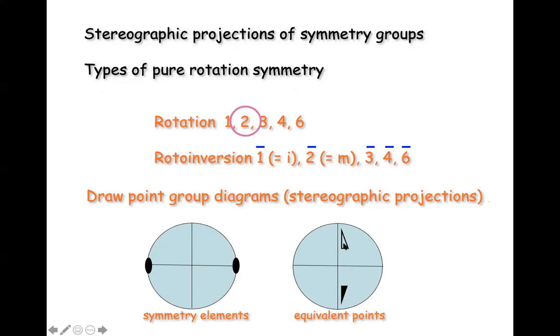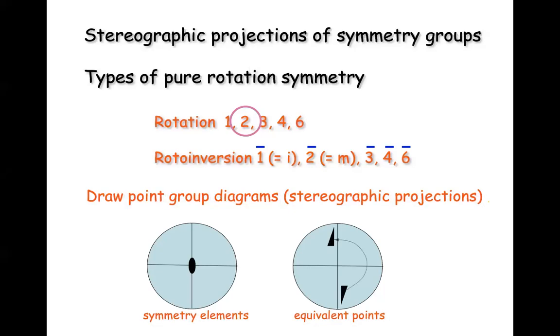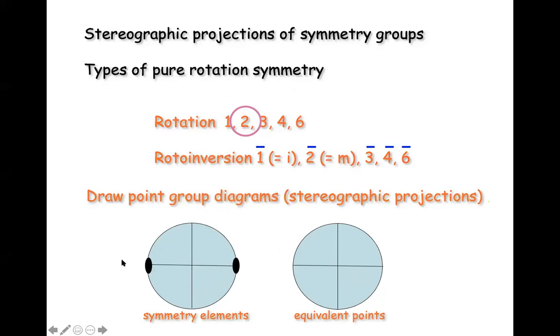In the previous case, it is above the plane. You are just rotating about this point, which is perpendicular; your rotation axis is perpendicular to the plane of this board. So it comes to the same position. Whereas in this case, your rotation axis is like this. So you are rotating like that, and it goes below by 180 degrees. Okay, it's very important.